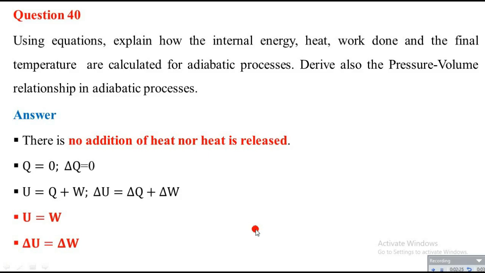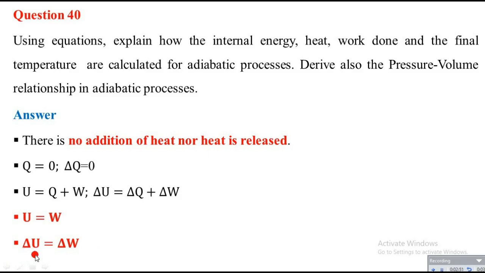That means we'll be using this equation to derive the heat, internal energy, work done, and the final temperature for adiabatic processes. What you need to understand is that the change in internal energy is equal to the change in the work done. And remember, we have derived that the internal energy is equal to nCvdT.